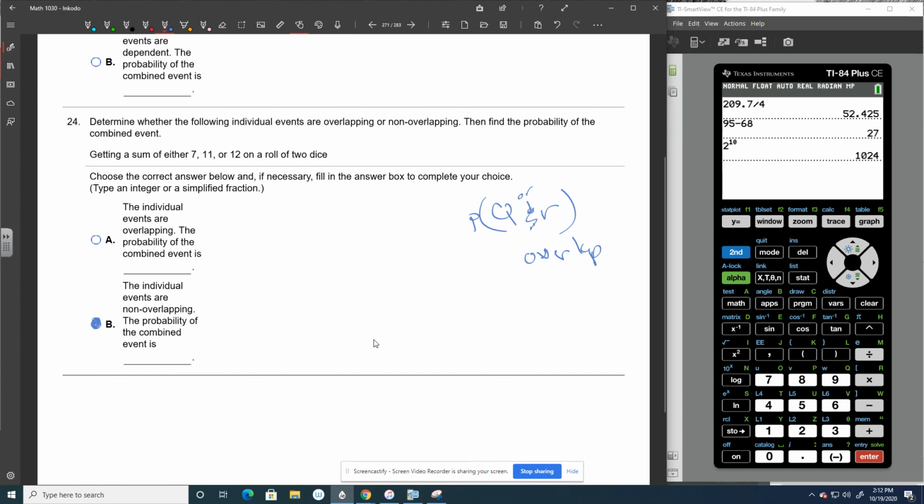Okay. So to get the probability of this happening, you have to take the probability of each one and add them together. Okay. Well, when I roll dice, I know that there are 36 different possibilities when I roll 2 dice, because one die has 6, the other die has 6 possibilities.